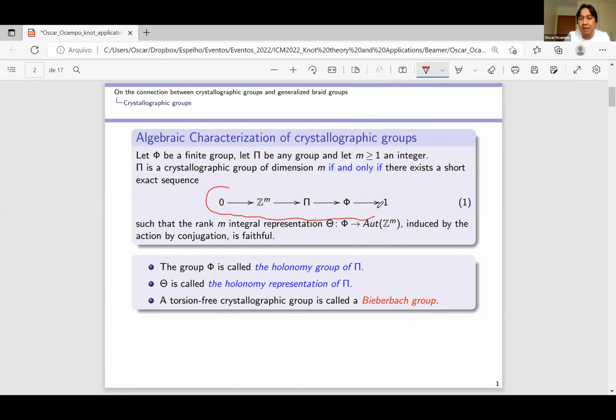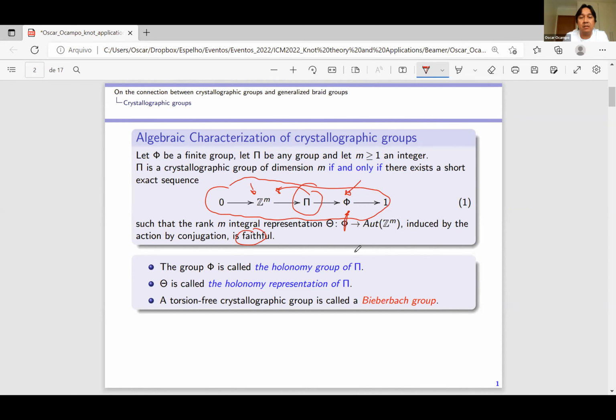When you have a short exact sequence with a free abelian group on one side and a finite group on the other, you may consider the conjugacy action projected to this quotient, and you ask if this action is injective, or faithful. If it works, you say that the middle group is a crystallographic group.